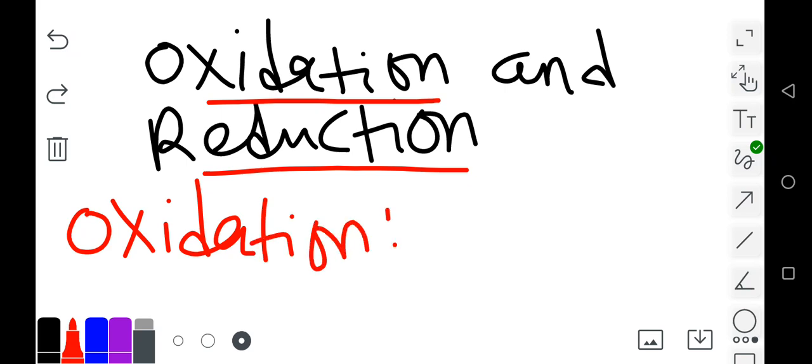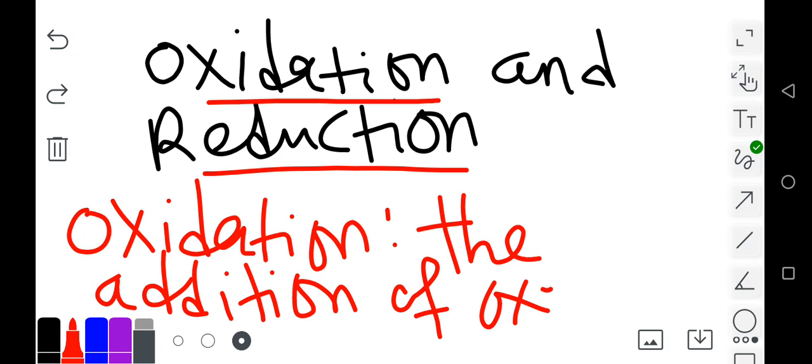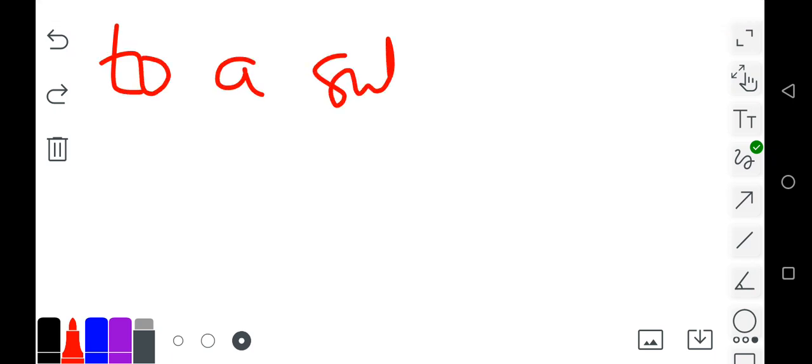Now, just as the word itself sounds so familiar, so is how simple the definition is. Oxidation is simply the addition of oxygen to a substance.